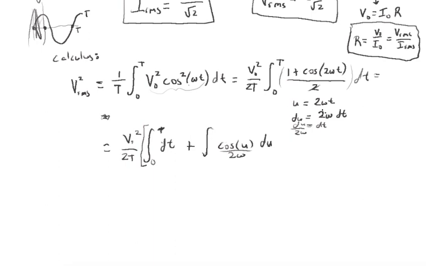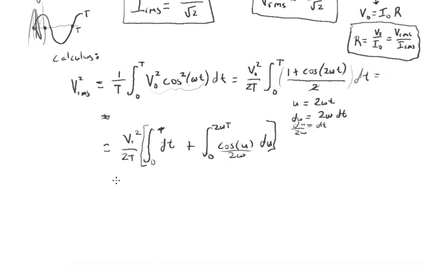Now if we plug in 0 for t here, we get 0. And then if we plug in the period, I'm changing my limits here, right? We get 2 omega t instead of just t, because this was going to substitute in for this t here, so we have to substitute out 2 omega t.